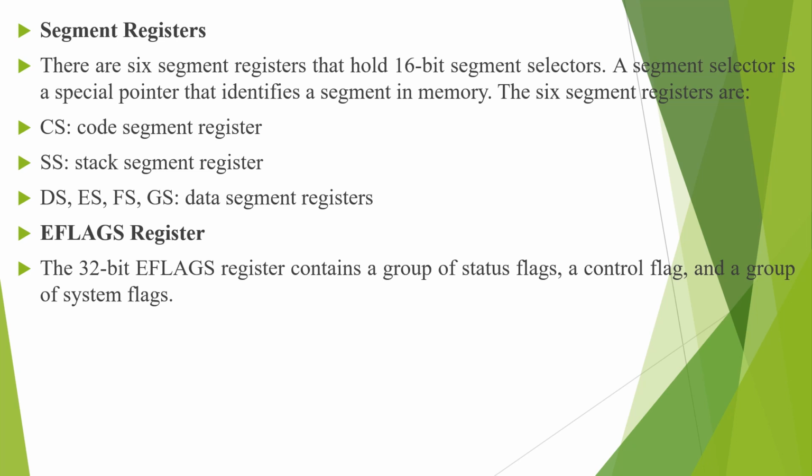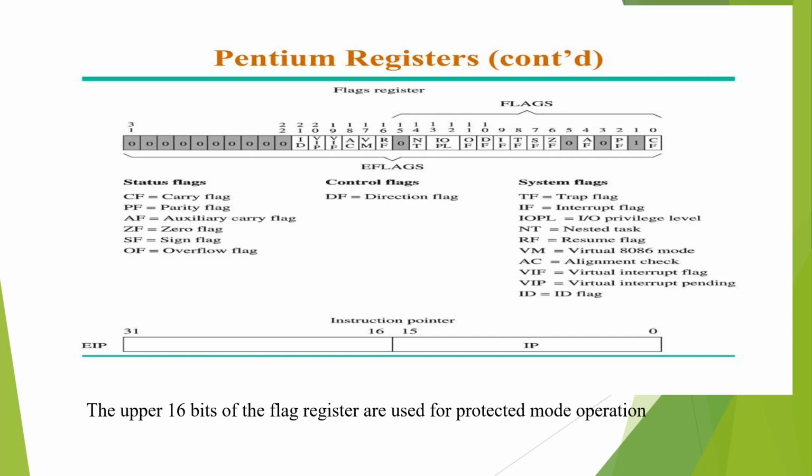The EFLAGS register: Pentium supports a 32-bit EFLAGS register that contains a group of status flags, control flags and system flags. This is a diagram of the Pentium EFLAGS register, and you can see the flags are grouped into 3 categories. Status flags: carry flag, parity flag, auxiliary carry flag, zero flag, sign flag, overflow flag.